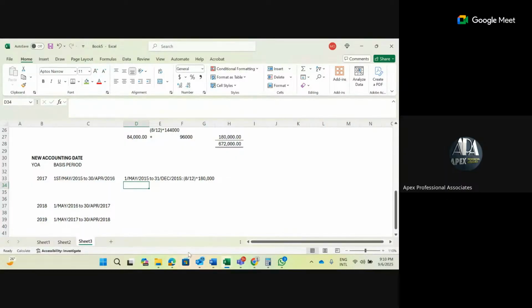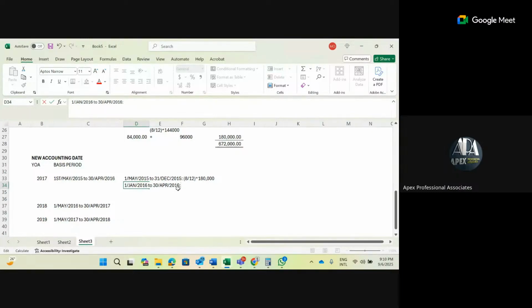What is now left for us is to get the profit from 1st of January 2016 to 30th of April 2016.